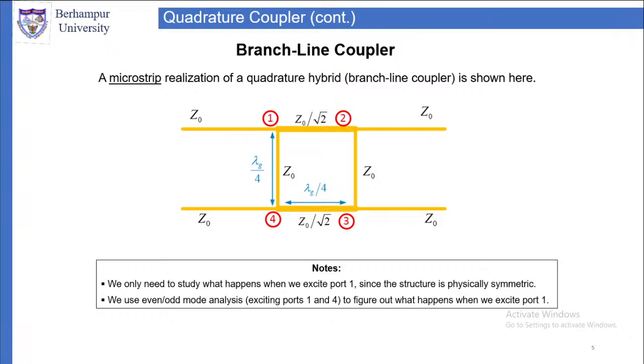If we choose such characteristic impedance, then the power which reaches point 4 from point 1 directly and the power that reaches point 4 from point 1 through point 2 and 3 will be equal. If they are equal and out of phase, they will cancel at point 4.